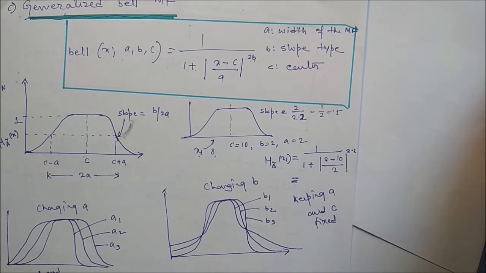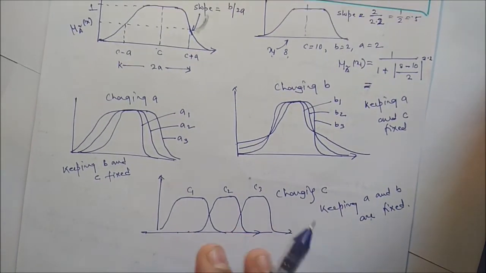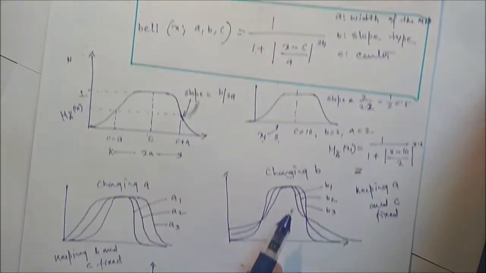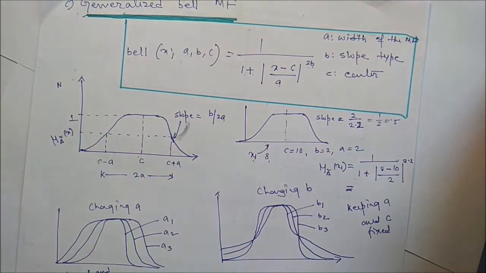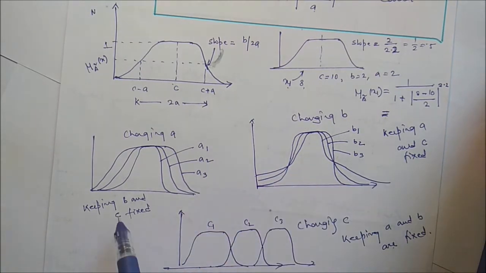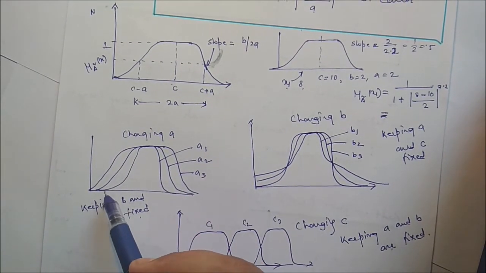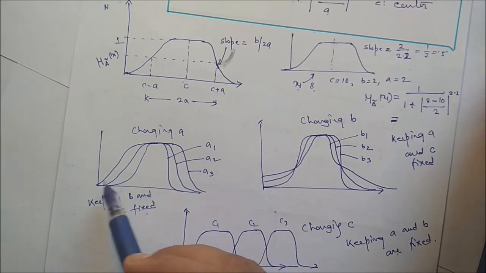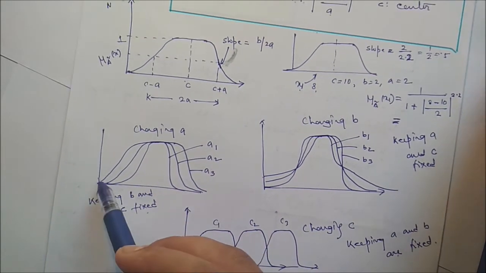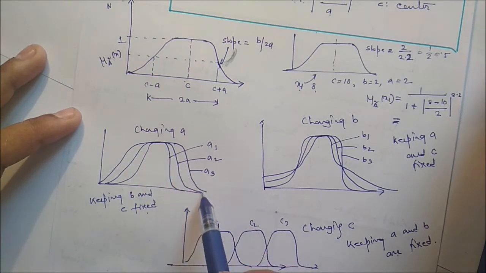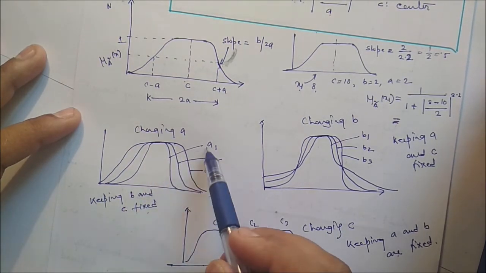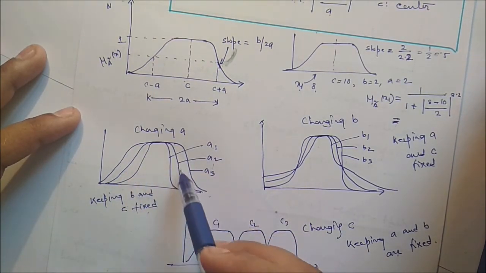Now we can see different shapes. There are 3 parameters, a, b, c. If you keep b and c fixed and change a, the shape will be like that. This is one shape, this is another one, and this is another one: for different a1, a2, a3 you get different shapes.